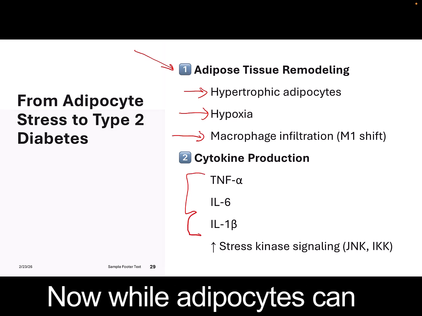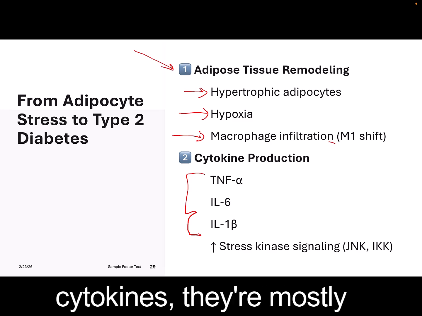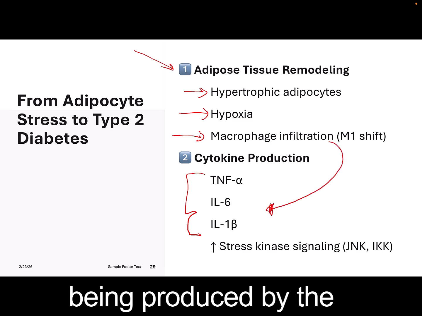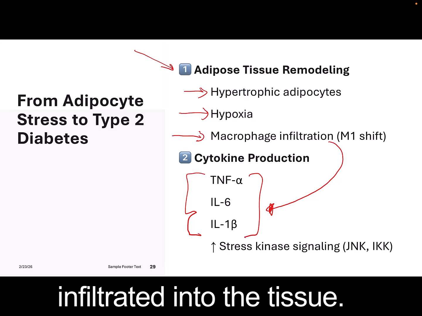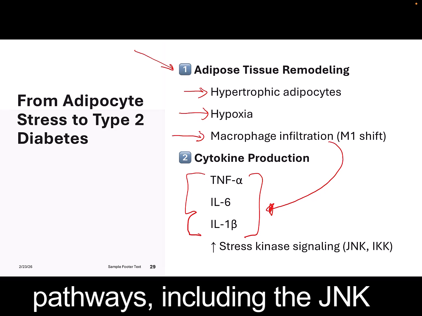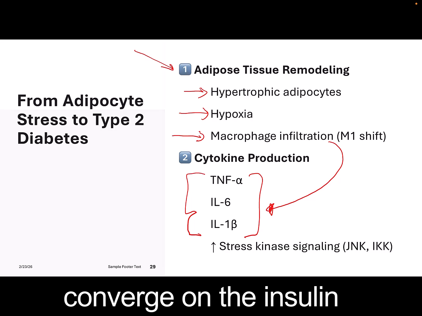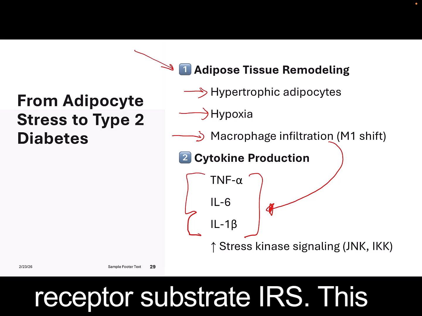Now, while adipocytes can produce some of these cytokines, they're mostly being produced by the macrophages that infiltrate the tissue. These cytokines activate intracellular stress kinase pathways, including the JNK and IKK kinases, which converge on the insulin receptor substrate, IRS.